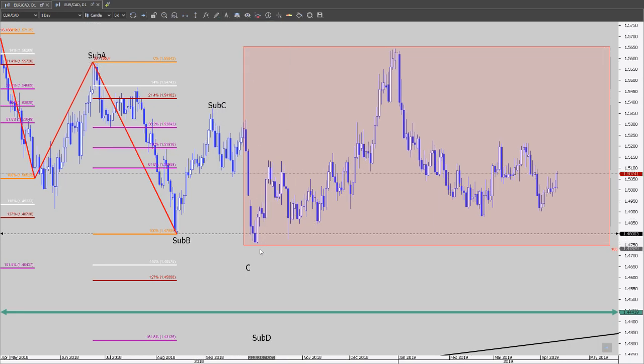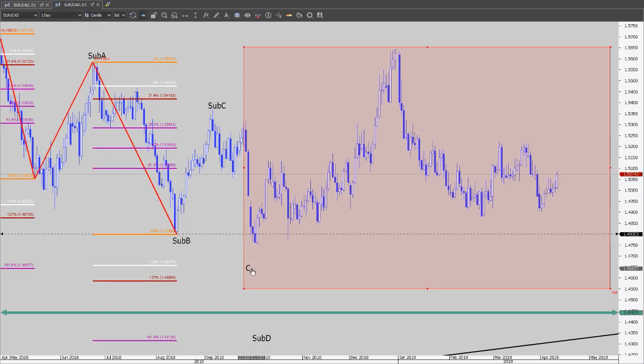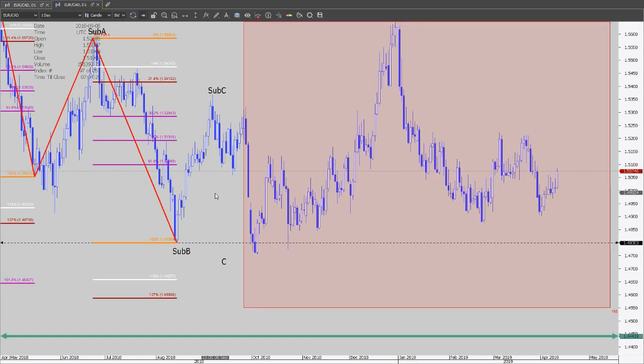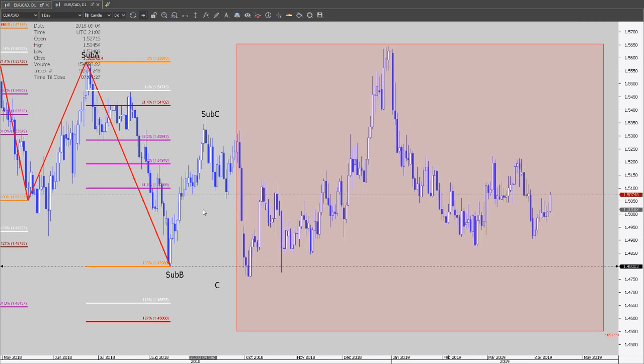So let's start. What we are going to do is draw a third Fibonacci. So this is the C, remember this. We are going to start drawing a third Fibonacci, just to see if the market is going to break our up Fibonacci again.